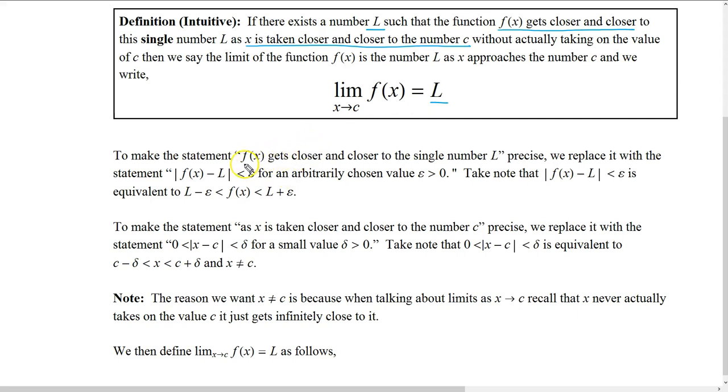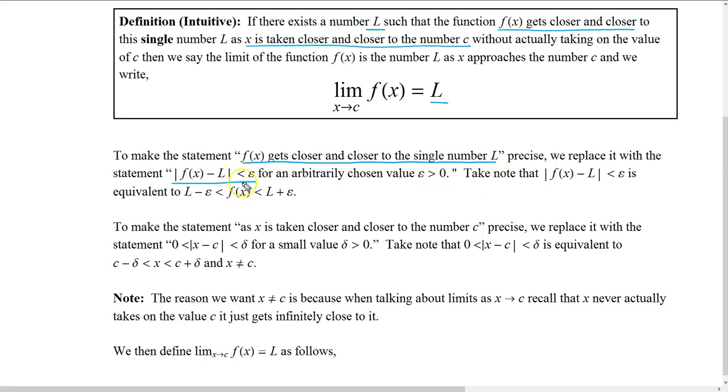To make the statement "f of x gets closer and closer to the single number L" precise, we're going to replace it with this statement. The absolute value of f of x minus L is less than epsilon, for some arbitrarily small number epsilon that's positive, greater than 0, as small as we would like to make it, as long as it stays positive.